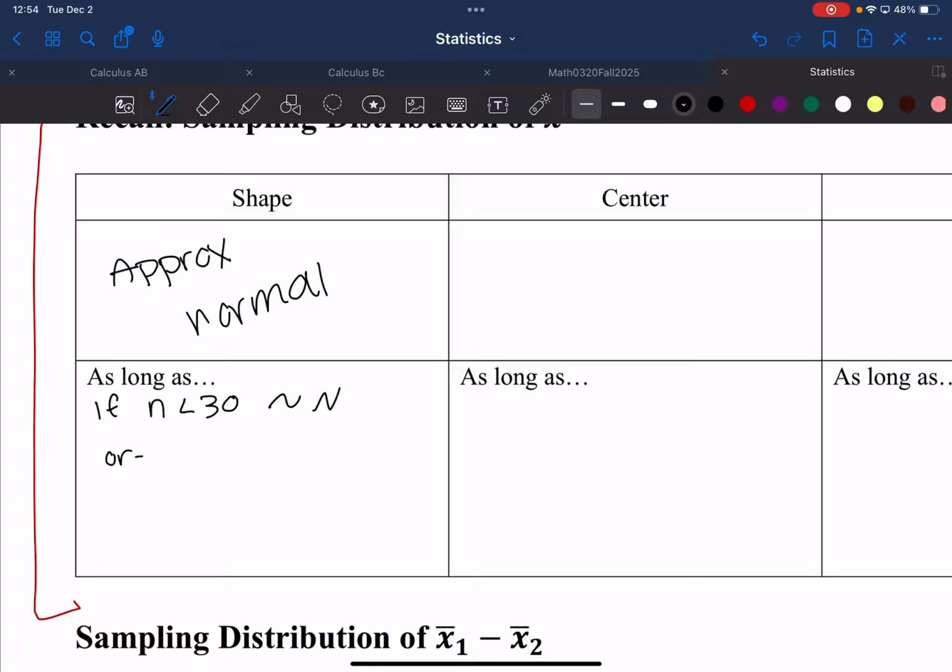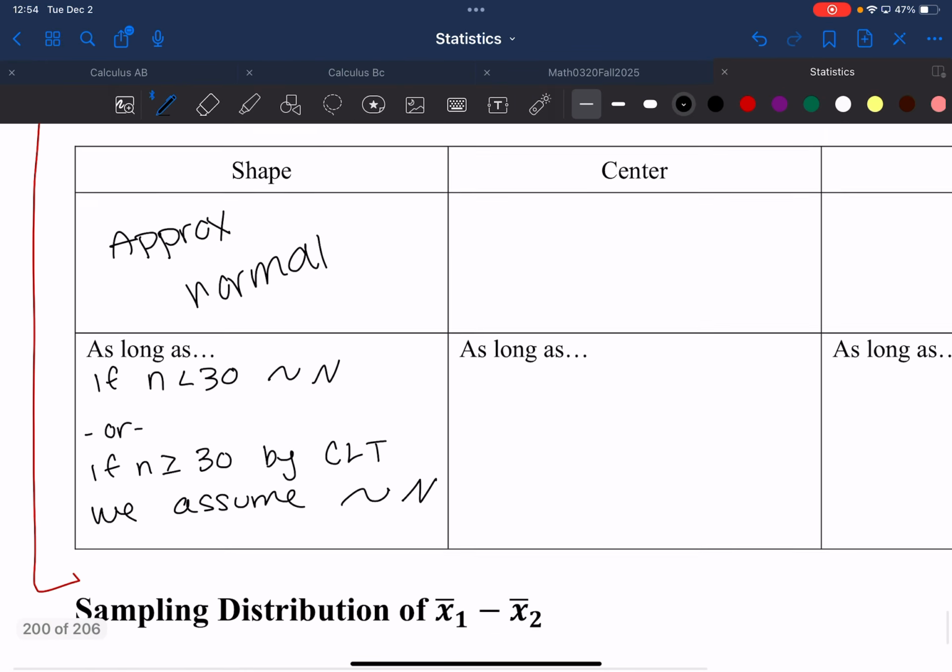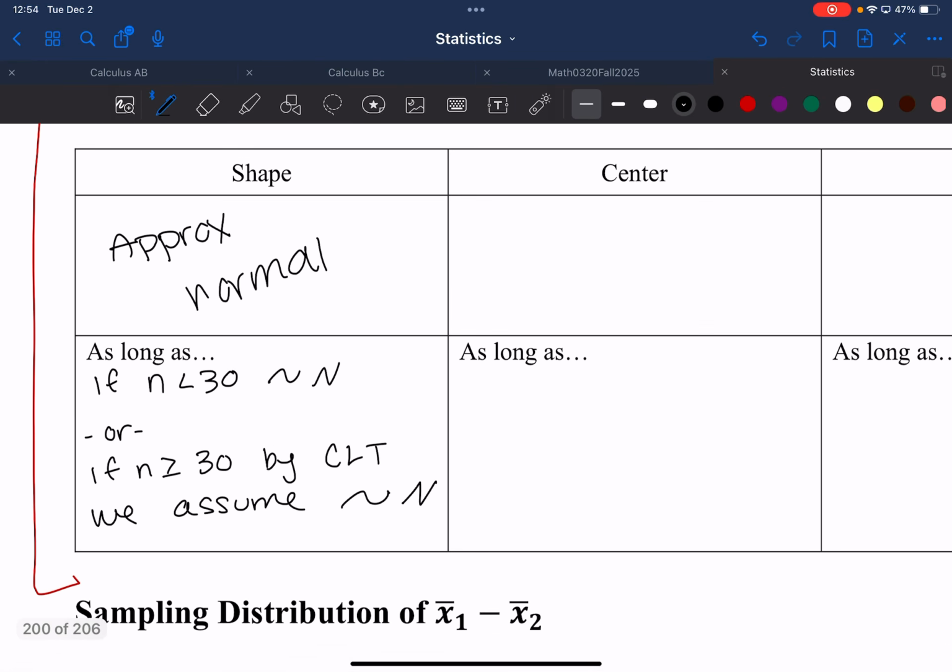Or if n is greater than or equal to 30 by the central limit theorem, or you can abbreviate CLT, then we assume that it follows an approximately normal distribution. So if it's less than 30, we don't care, we assume it's normal. If it's greater than or equal to 30, then we have to say by the central limit theorem.